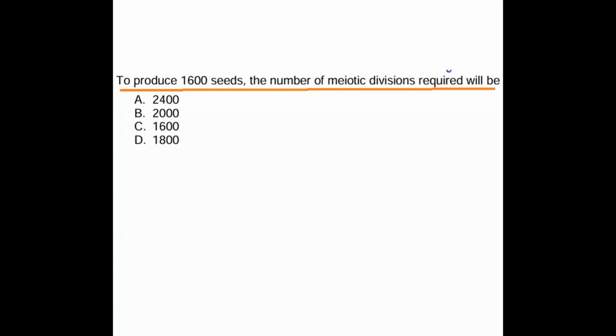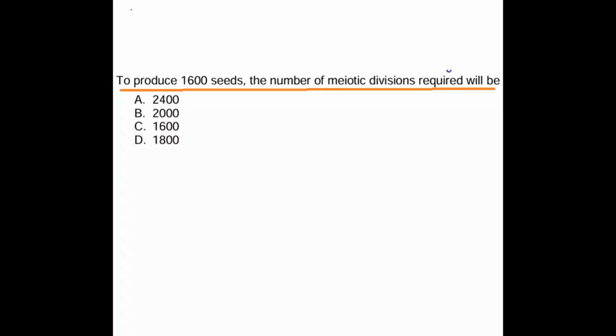To produce 1600 seeds, the number of meiotic divisions required will be which of the following? Is it A 2400, B 2000, C 1600, D 1800?